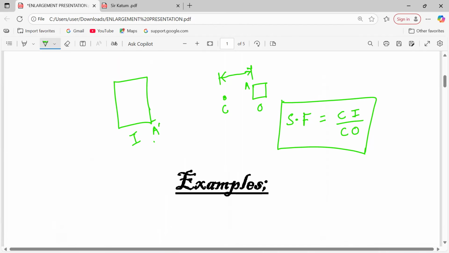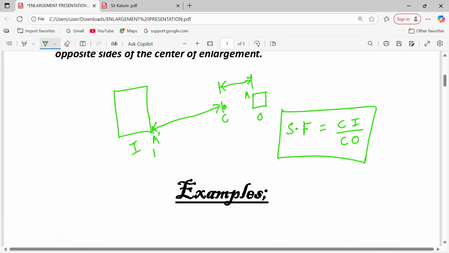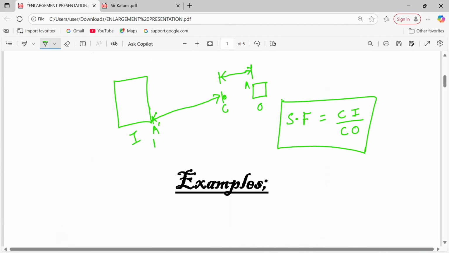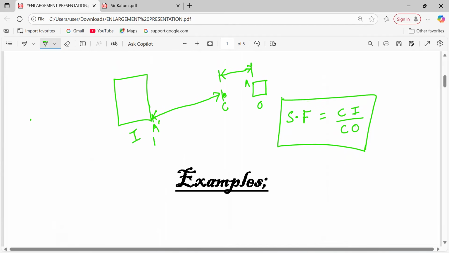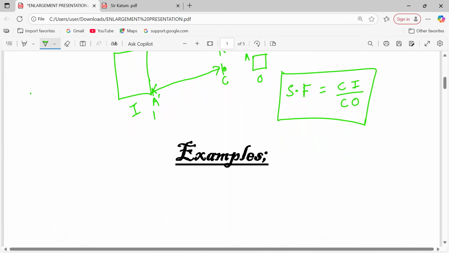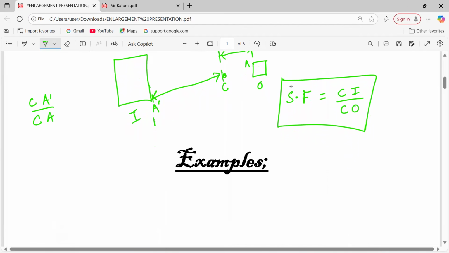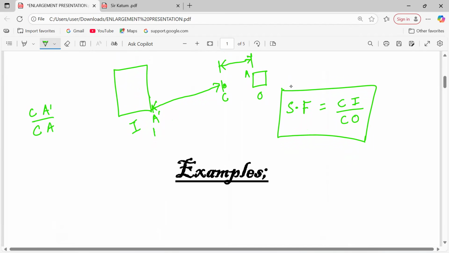You are going to divide center to A prime by center to A. That is, from center to image divided by center to object.